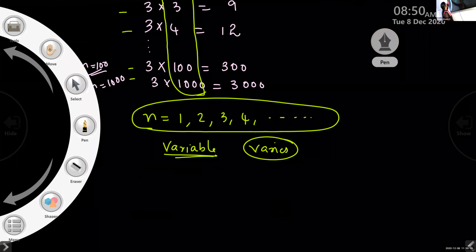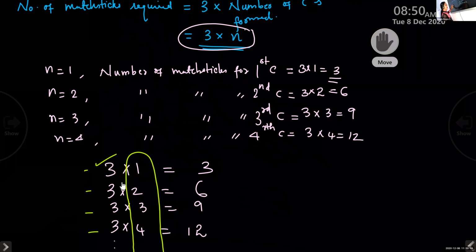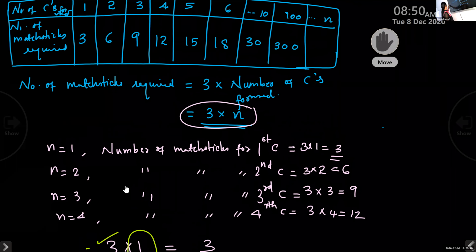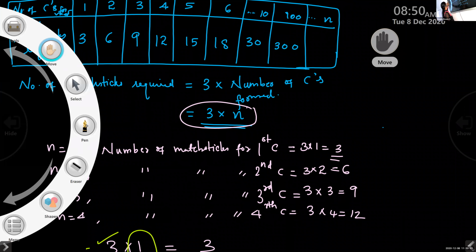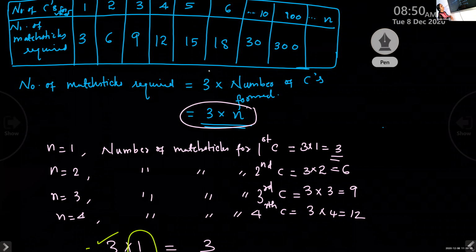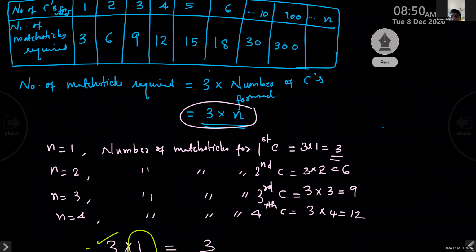Okay. First time you are hearing this variable. Instead of n, we can use x, f, a, b, c, x, y, z, all alphabets. No problem. And this is known as variable. What is the meaning of variable, children? It changes.